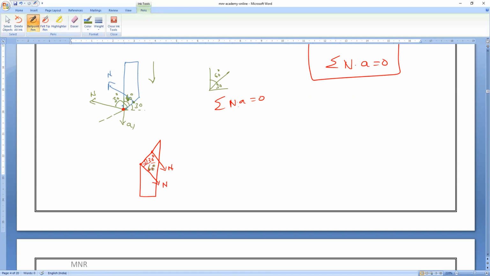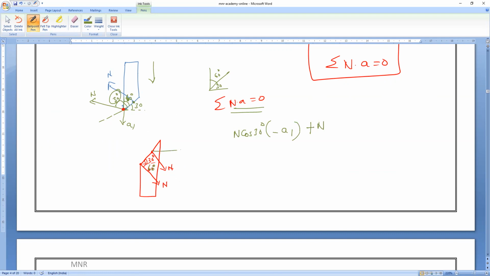So now write it: summation of N into a is equal to 0. First one: normal is upward, acceleration is downward, so minus or plus? N cos 30 minus acceleration, opposite directions. But here both are in the same direction, so plus N into a2, because this is also moving in the same direction.